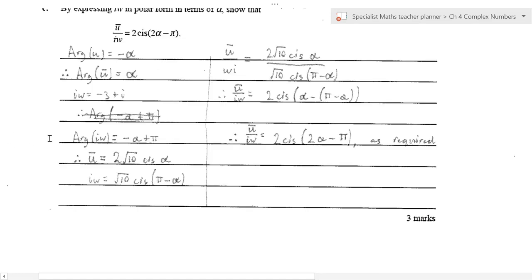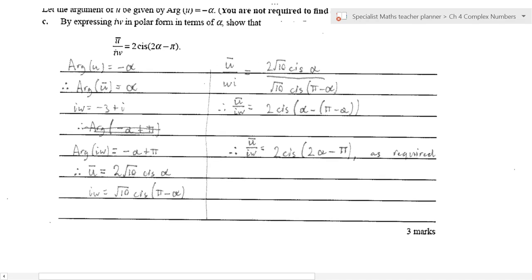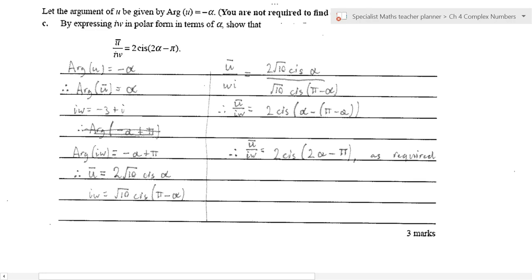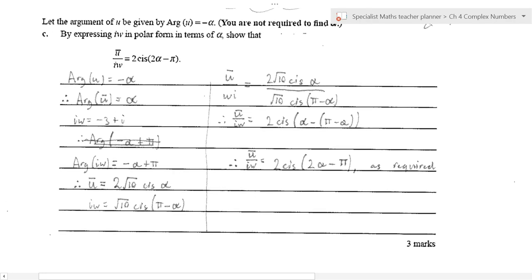Okay, so here's one I prepared earlier, and that is that in part, so we've been told that arg u is equal to minus alpha. Now, if I can just draw, I've got arg u, so let's just say arg u is minus alpha, right?